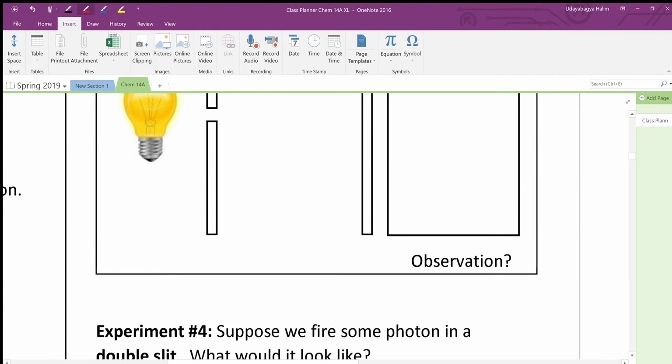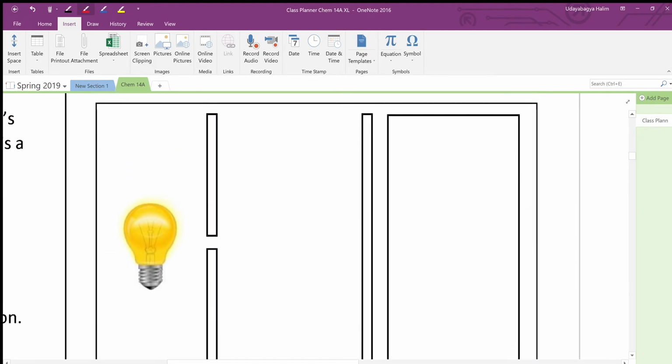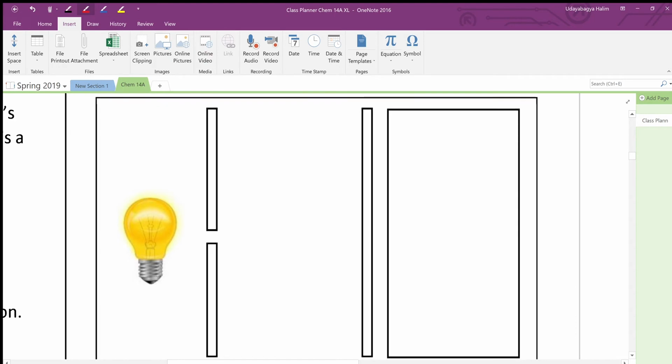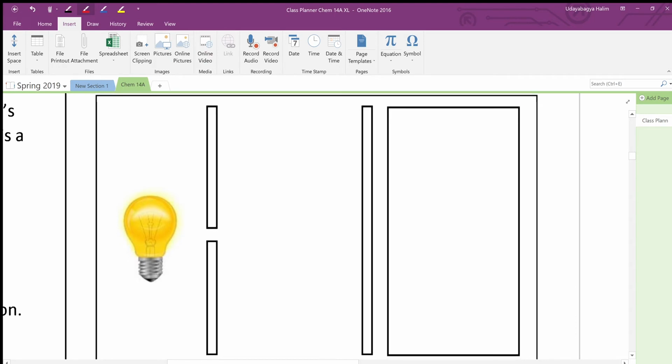Now we're talking about light. If you have a regular light and you put it through a small opening, what does the probability look like when it arrives at the screen in front of the opening? You've probably done that with a flashlight.